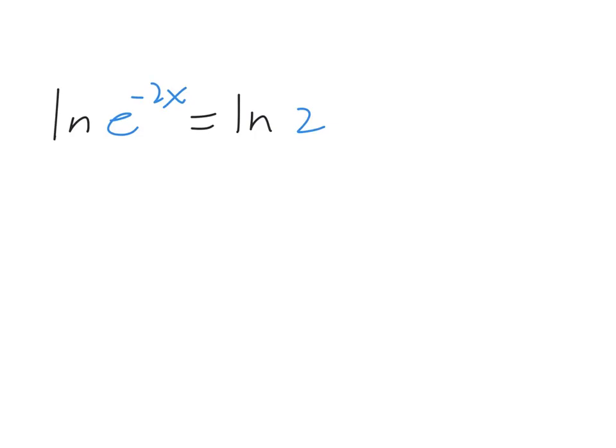Now, let's understand what this really means. When I'm taking the natural log of e to a power, the first thing that happens is that negative 2x drops in front using our power property. And then I want to talk about more specifically what the natural log of e is.